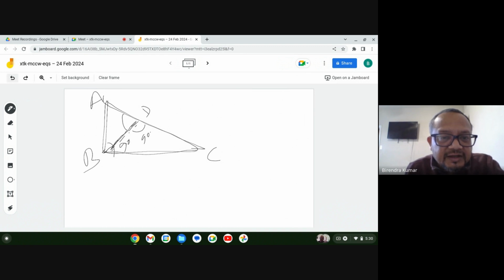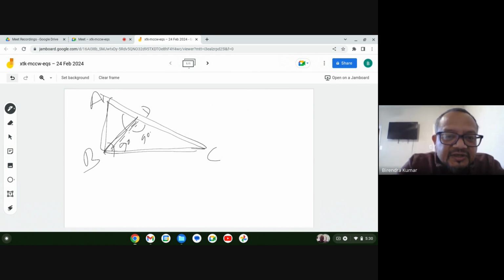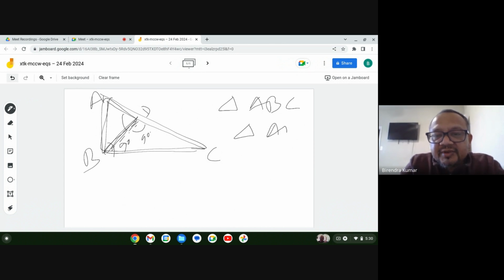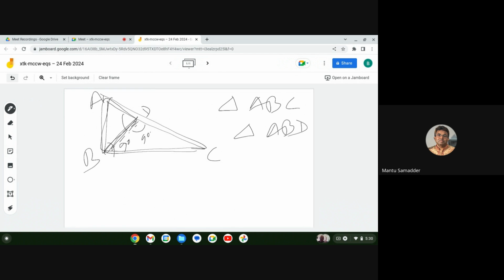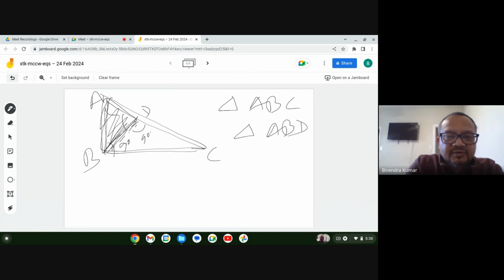Now look at triangle ABC, the first triangle, and let's pick up the small one, triangle ABD. ABD is the small piece, A, B, and D, and ABC is the full triangle.